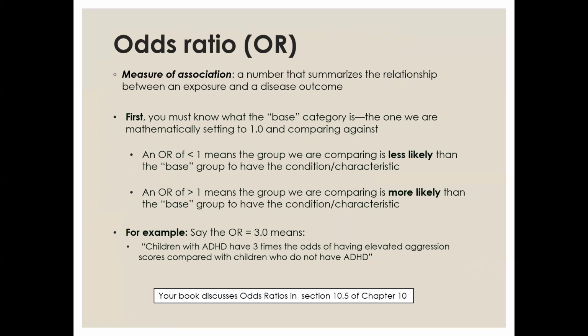If the odds ratio is less than 1, it means the group you're comparing is less likely to have a characteristic. If an odds ratio is 0.8, it means that the group you're looking at is less likely than the group you're comparing to. When you have an odds ratio of more than 1, it means that group is more likely to have the condition or characteristic. So when you get a high odds ratio, we used to use it a lot when we looked at exposure to lead. People who live near bridges, which had a lot of lead paint, and we looked at the odds ratio of asthma.